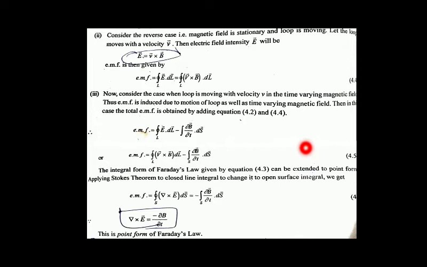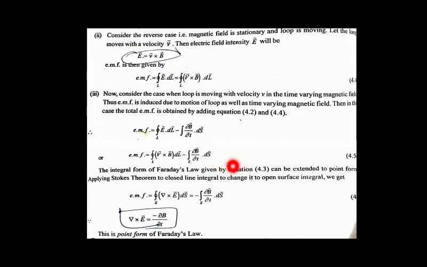So the integral form of Faraday's law given by equation 4.3 can be extended to point form by applying Stokes theorem to the closed line integral to change it to an open surface integral. We have already discussed Stokes theorem and the divergence theorem.